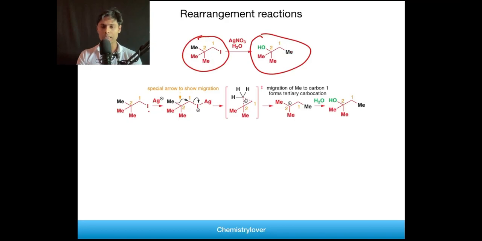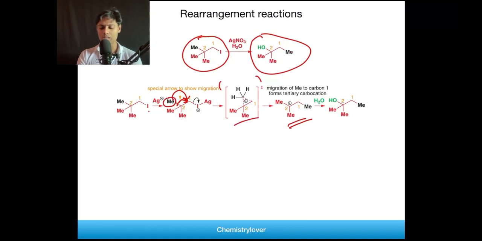Now it becomes a better leaving group, so iodide goes as a leaving group. In expelling this iodide, this methyl group and this C-H sigma bond assist. You can see this is the assistance, and this assistance forms this transition state, the bridging carbocation. By doing that, it migrates from here to here, and by this migration you are generating this more stable tertiary carbocation.